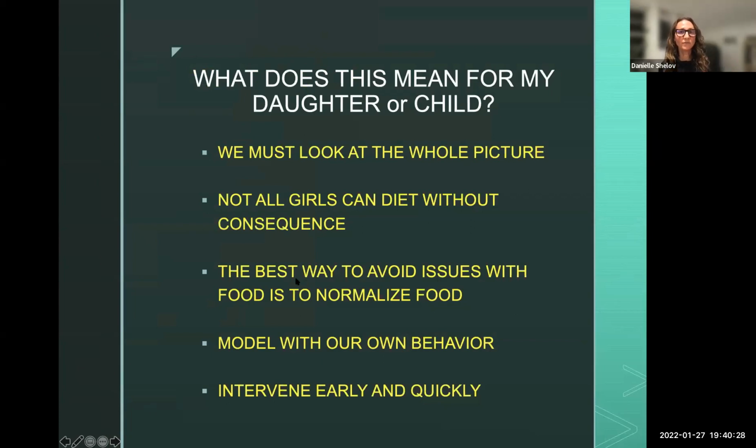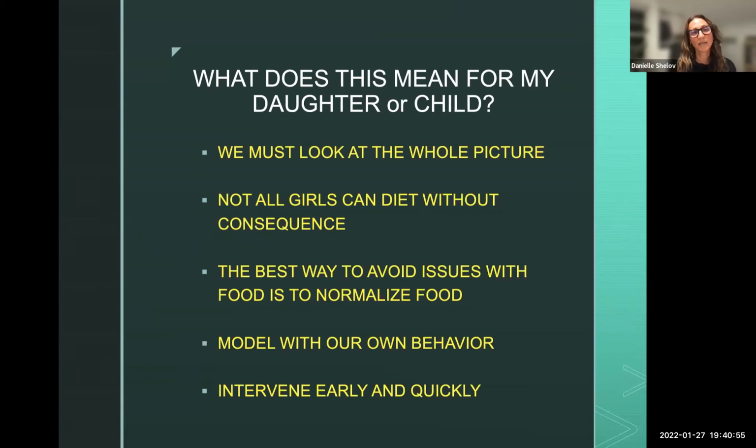So what does all this information mean for my daughter or my child? I want people to look at the whole picture of their child. Most importantly, not all girls can diet without consequence. I know there are different bodies at different ages, but I would really be careful anytime a pediatrician or any person says, your child really needs to lose weight.